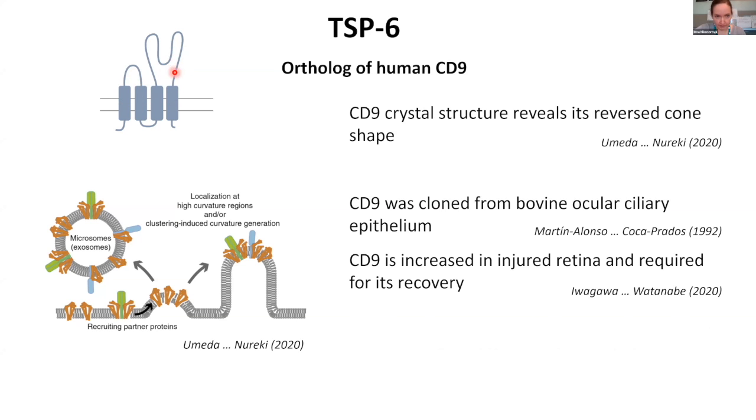That tetraspanin is inverted, so the long loop is here and the short loop is here. We're currently working with that one, but I don't have an answer yet. It would be predicted to be specifically co-expressed with PKD2, and we think it might be important for ciliary EV biogenesis. Nice, thank you.